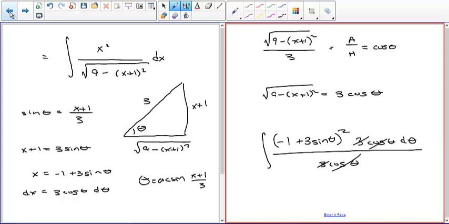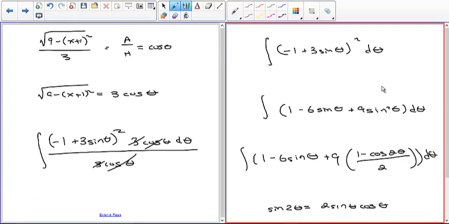We use FOIL to multiply this out. Use the half angle formula to get this in terms of something not raised to a power. If we had cosine over here, that'd be great, but we don't, so we have to use the power reducing formula, which I used correctly.